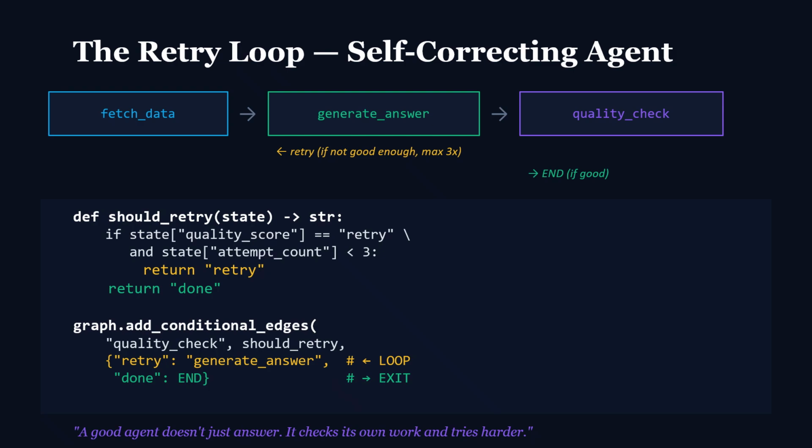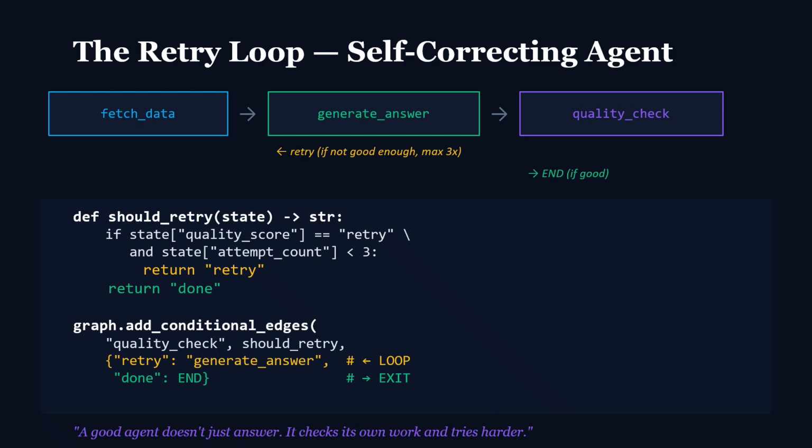The should_retry function is the decision maker. It reads state["quality_score"]. If it equals "retry" and state["attempt_count"] is less than 3, it returns "retry", which maps back to generate_answer.